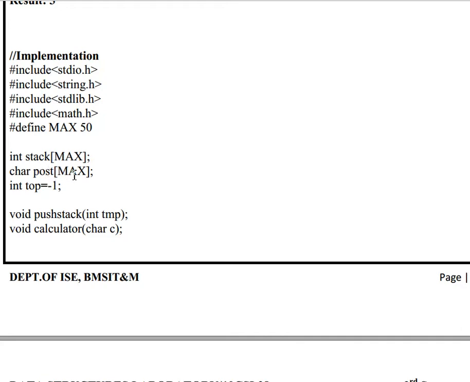We know that each and every part of the expression is considered as a character because it includes both operands and operators, and the maximum size we have taken is 50. And there are some functions we require: push stack, that is the push operation for the stack, and a calculator function which is going to calculate the postfix expression and finally give the result.